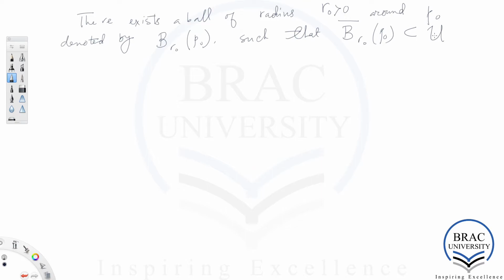Now we have to prove that there exists a ball of radius r0 around p0 so that the closure of that ball is contained in U.